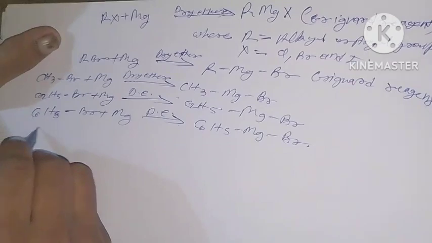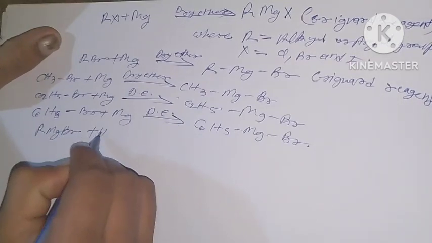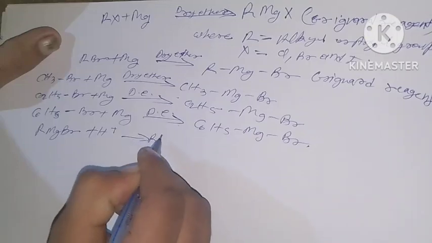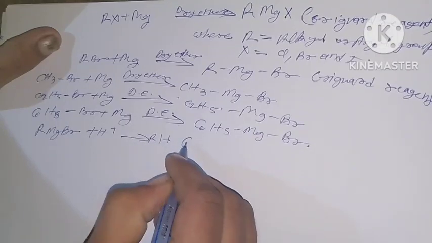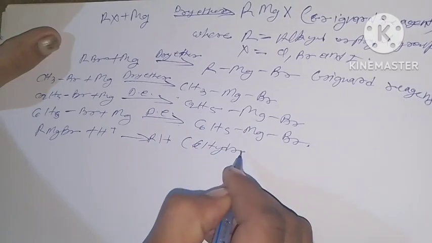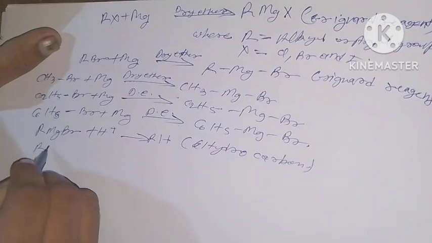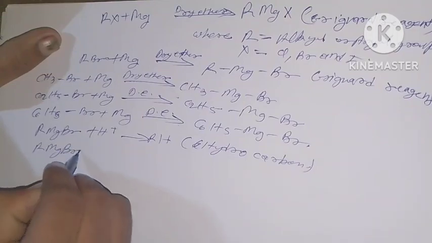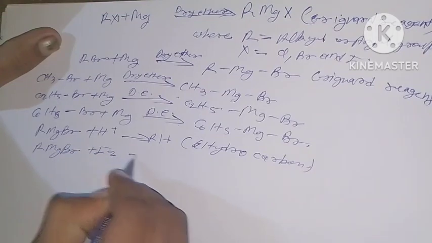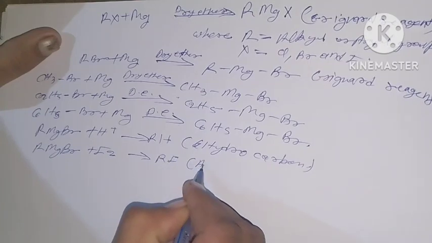For example, RMgBr plus H+ gives RH, a hydrocarbon. RMgBr plus iodine gives RI, alkyl iodide.